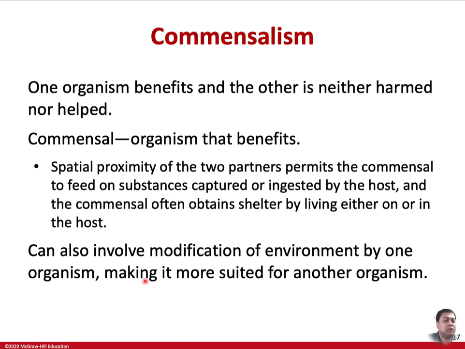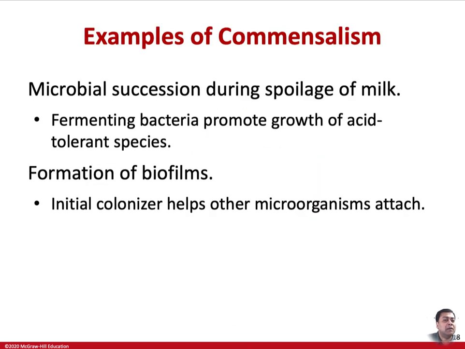So let's take a look at how we look at commensalism. Microbial succession during the spoilage of milk: see here, the fermenting bacteria promote the growth of acid-tolerant species. When these fermenting bacteria do fermentation, they produce an environment which is rich in organic acid, and these organic acids allow the growth of acid-tolerant species.